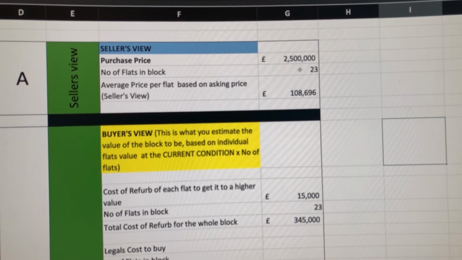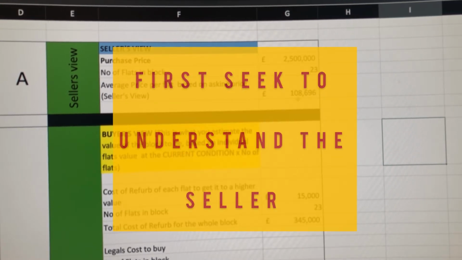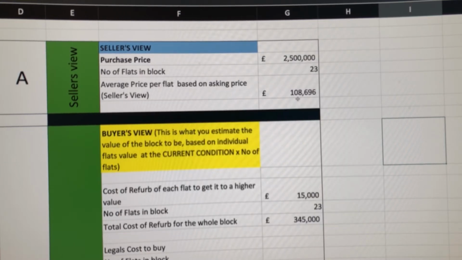So 23 flats at 2.5 million pounds. That then made the average asking price, from the seller's point of view, I hasten to add, 108,696 pounds. So first step, understand how did the seller actually get to this 2.5 million valuation for 23 flats.